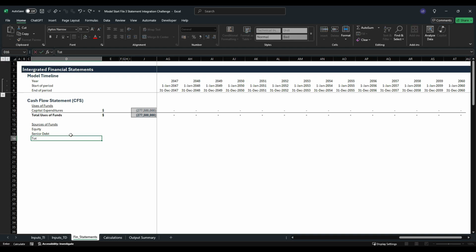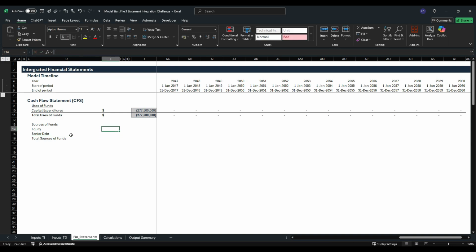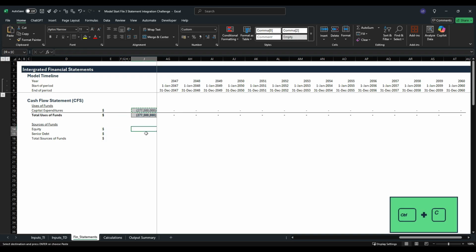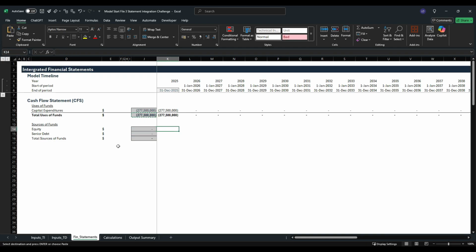And that will give us our total sources of funds. All of it will be given in dollars again. Let's pick up this row total here, paste it here.